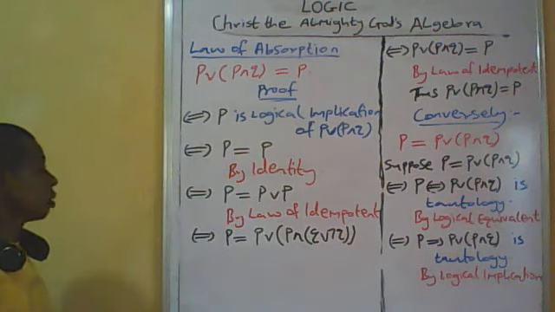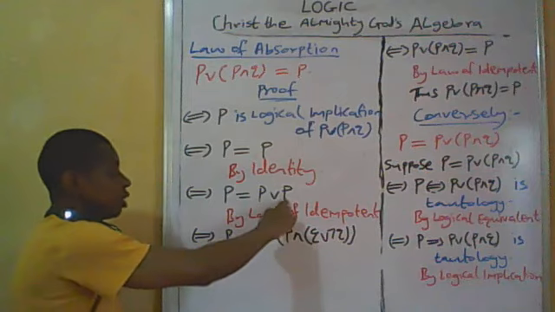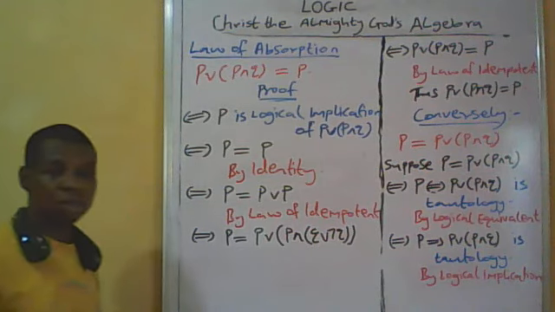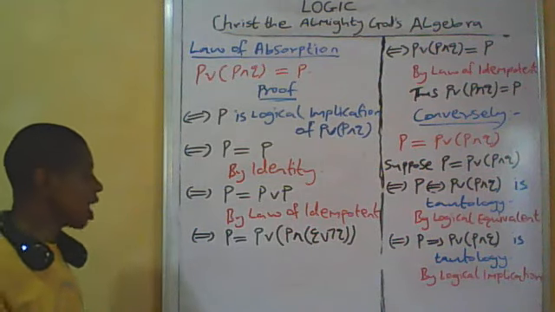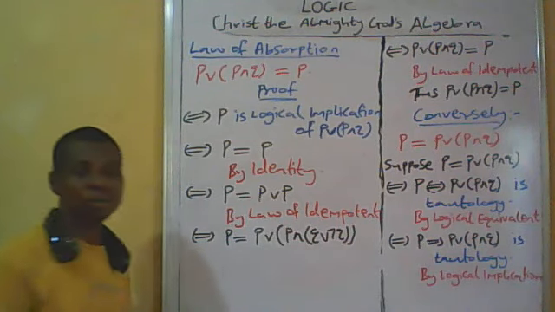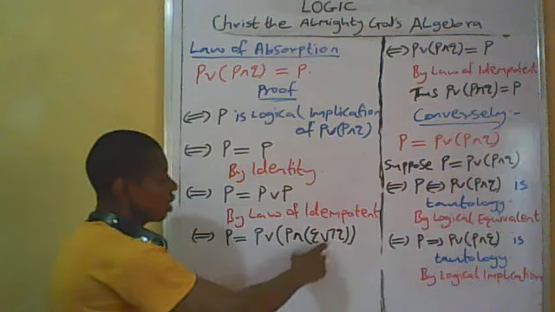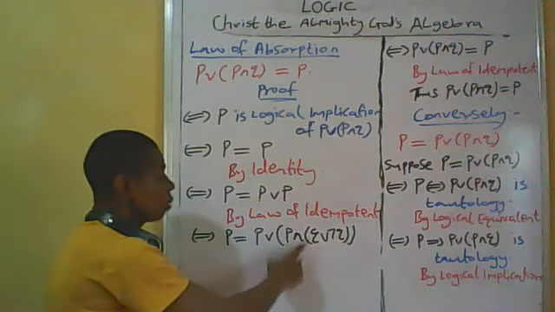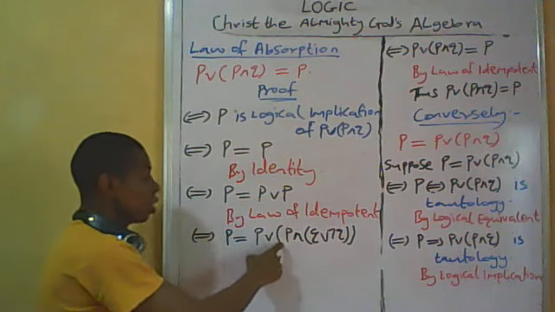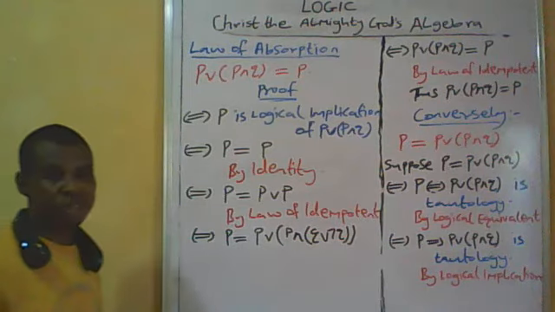Now this P, the second disjunct, has been ANDed with a tautology, that means Q or not Q. You have ANDed it with Q or not Q, and it's equivalent to T. And when T is ANDed, it is still P. P or P is P, which is equal to the left side equation.